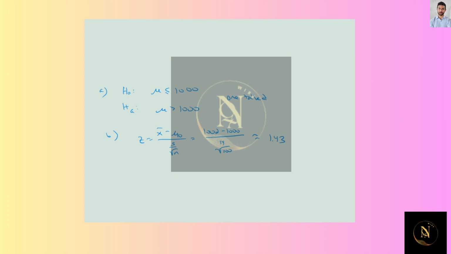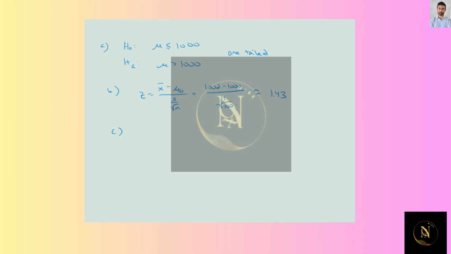Then it says we can do either the p-value or the critical value approach. With a significance level of 0.01 for a one-tailed test, the critical z is 2.33, and this comes from the standard normal distribution table.